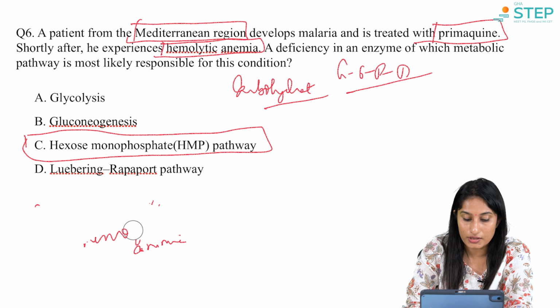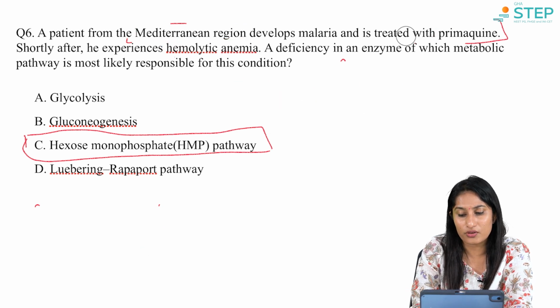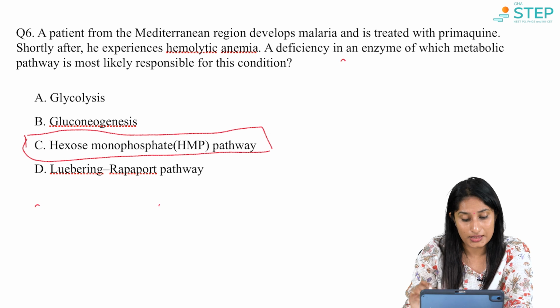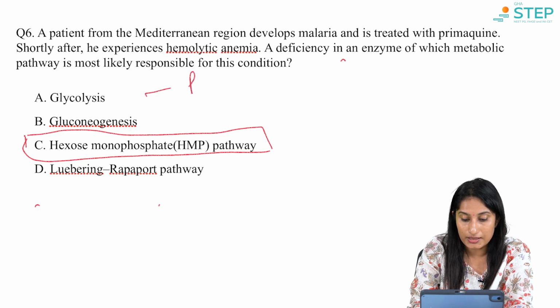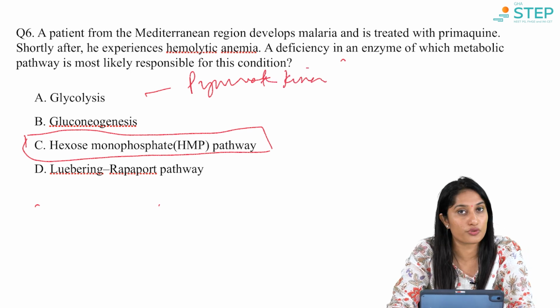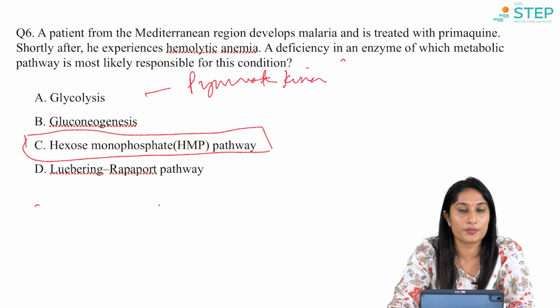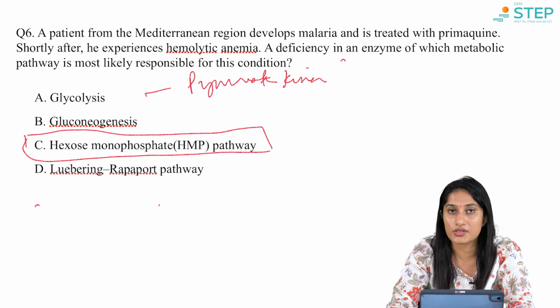Alright, so we have got our correct option. Why not the other options? Glycolysis, does it give rise to any kind of hemolytic anemia? It does, but that is due to the enzyme defect pyruvate kinase. It is nothing to do with drug-induced hemolytic anemia. Gluconeogenesis, no, because it's a pathway which is going to give us glucose, so there is no NADPH which is formed.